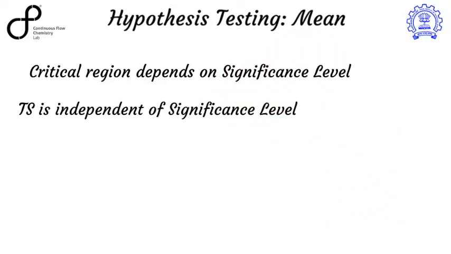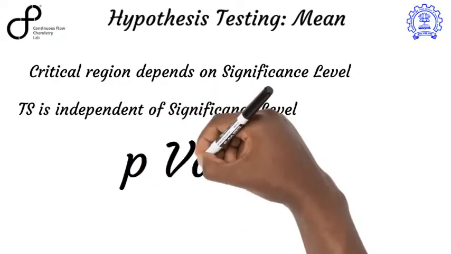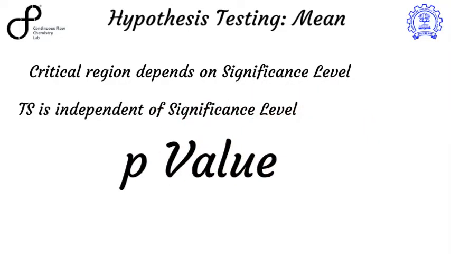Therefore, we need to calculate critical region for different significance levels to accept or reject null hypothesis. A more efficient way will be if we define a single value which can answer all questions related to different significance levels. This value is called p-value, and we will now learn how to calculate p-value.